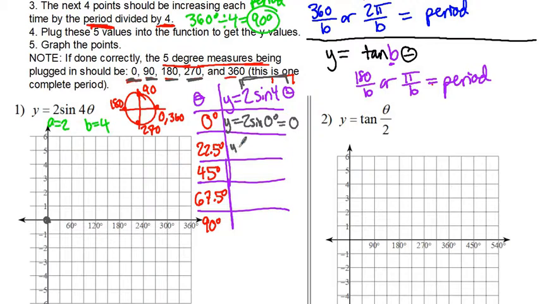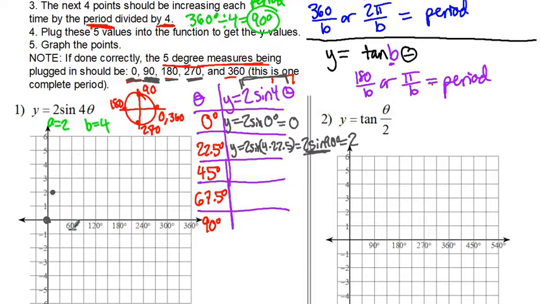The next point, y equals 2 times sine of 4 times 22.5, and 4 times 22.5 actually equals 90. So we have 2 times the sine of 90, and that's a good thing. I was about to say that's a good sign, but that would be a bad pun. That's a good indicator because sine of 90 was one of the values that we wanted. So the sine of 90 is 1, so 2 times sine of 90 is 2 times 1, which is 2. So 22.5 comma 2, that's going to put us roughly right there.